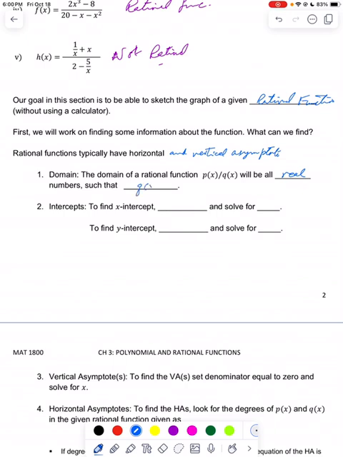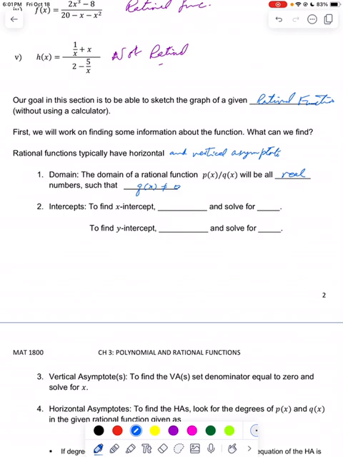That q of x is not equal to 0. So you can figure out where q of x is 0, and you have to throw those numbers away from the set of real numbers. That gives you the domain of the rational function.